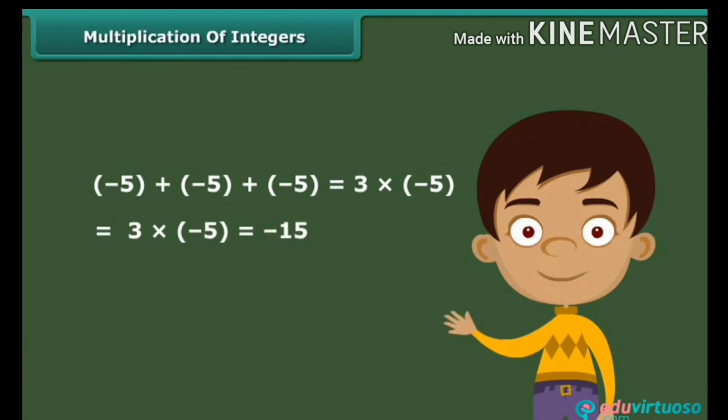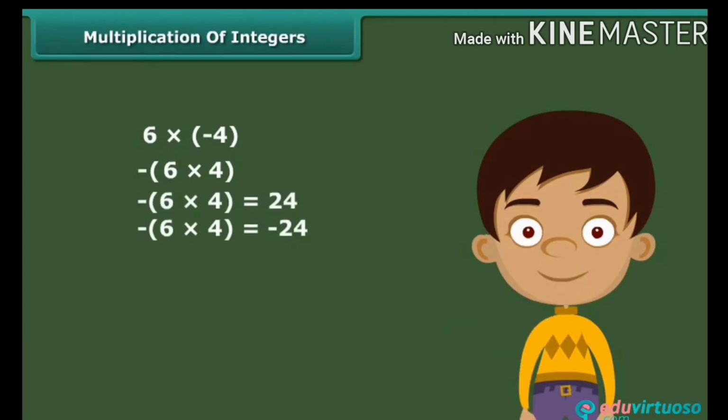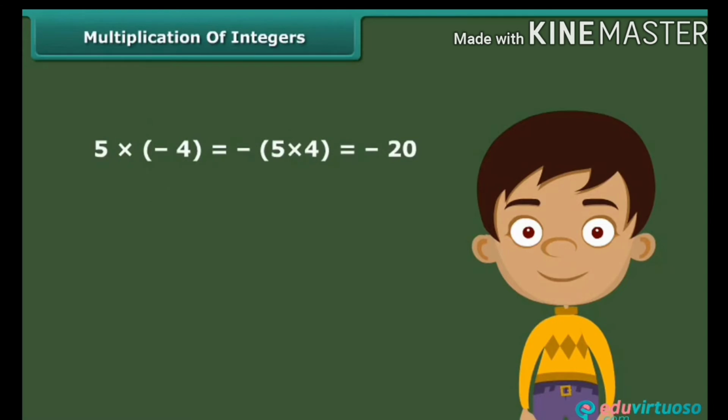Let's now find the product of a positive and a negative integer. Firstly, multiply 6 by 4 and then put minus sign before the product obtained. We get -24. Similarly, 5 × -4 is equal to -(5 × 4), which equals -20.